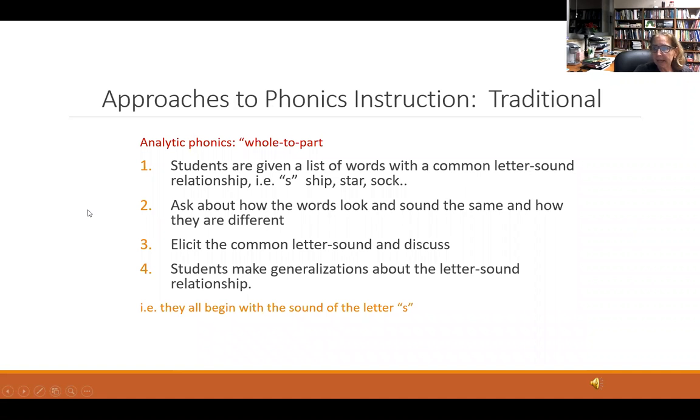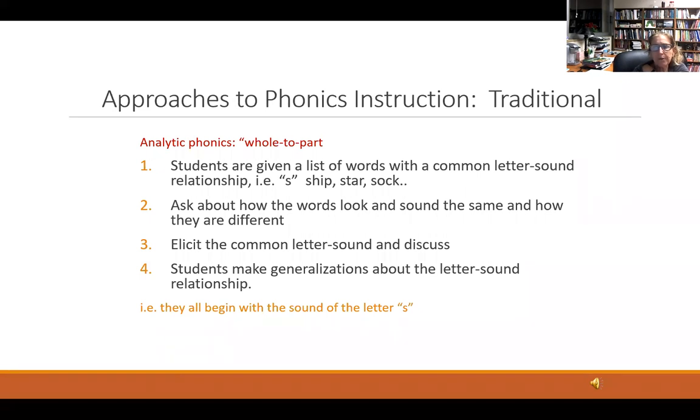Now, this is analytic phonics, and it's another traditional approach, and this is where it's whole to part. So students are given a list of common letter sounds, and they're asked, look at those three words. How is one word different?